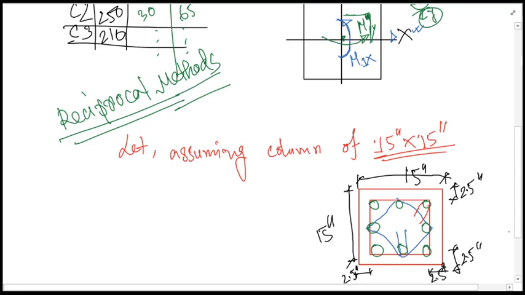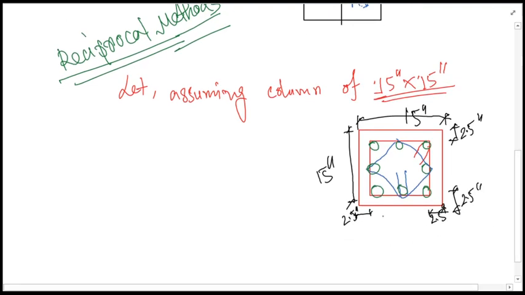In this pattern we'll be providing all the reinforcement, and therefore the distance between these two extreme reinforcements will be, in this particular case, 2.5 inch deducted on each side, so 10 inch, and in between these two the distance will be 10 inch as well.